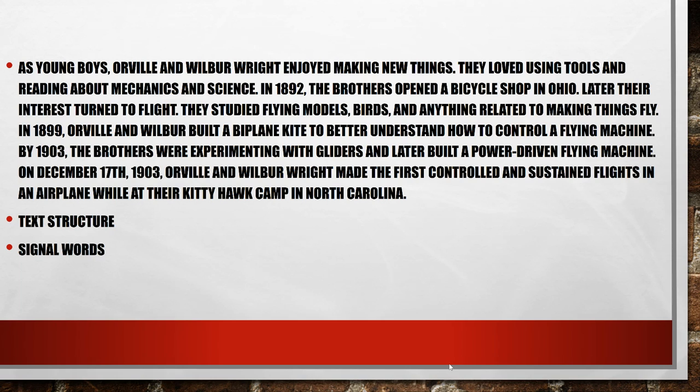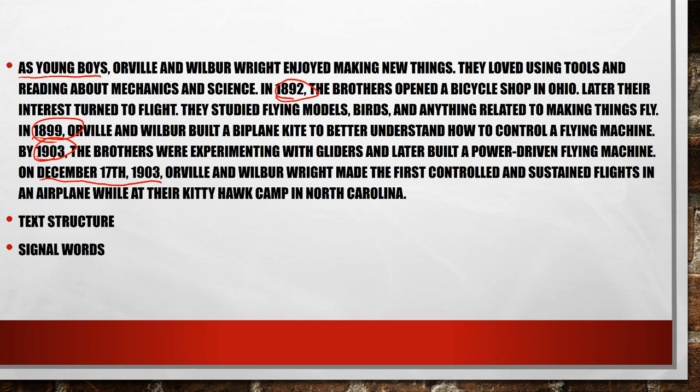So what kind of text structure is being represented in this model? Well, it talks about them being young boys, and then it gives us a series of dates: 1892, 1899, 1903, and then a specific date in 1903. So we can use these clues to figure out that this is listed in a semi-chronological order.